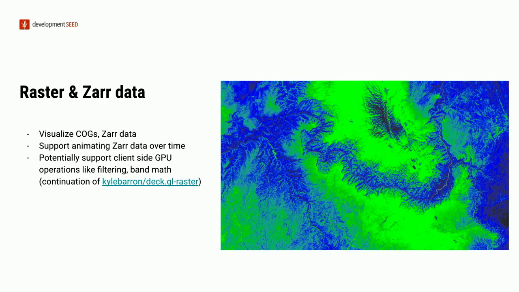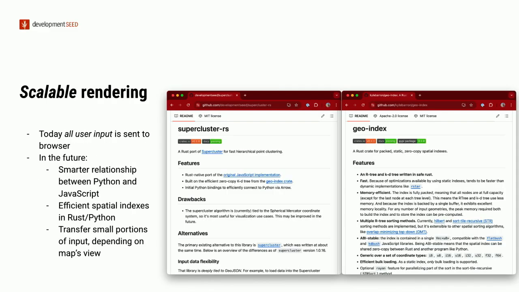And so ideally, we'll be able to visualize COG and Zarr data in Lonboard and be able to animate that data cube of Zarr data. A long time ago when I was just getting into geospatial, I explored a project to do GPU-side filtering and band math. And so potentially we can have something like that. If you're interested in working with us on this or funding us on this, happy to talk.